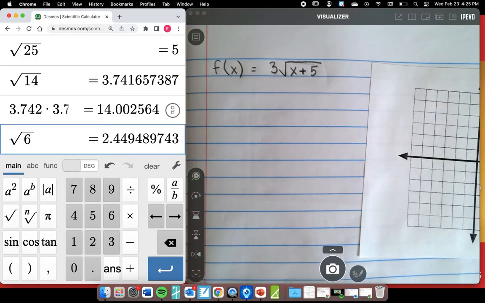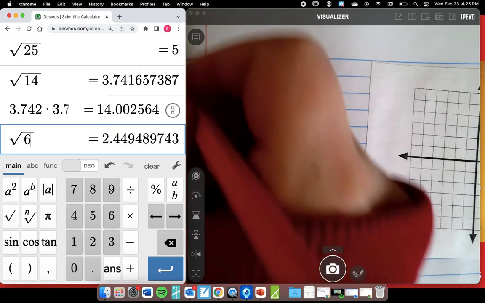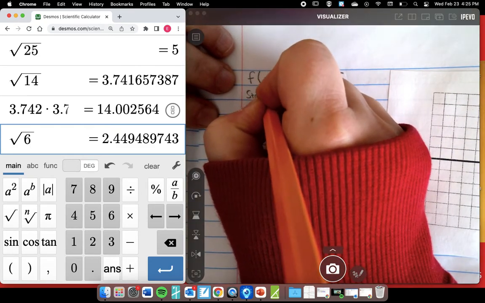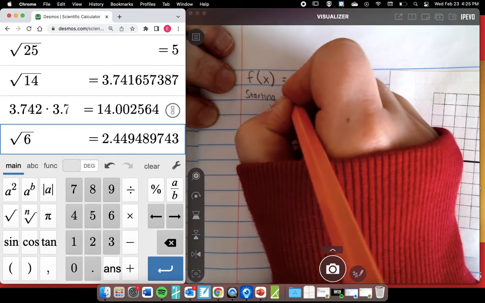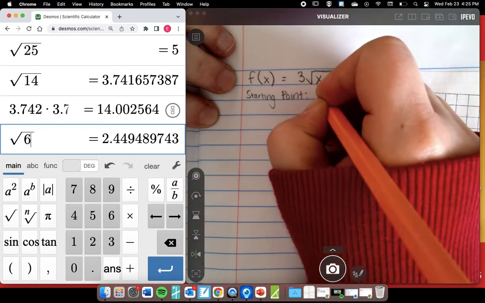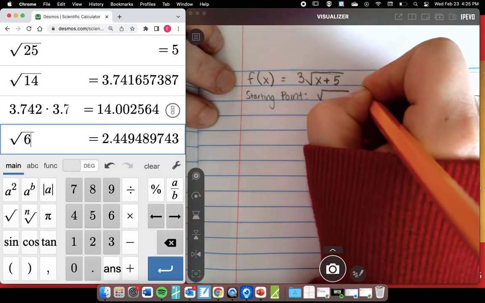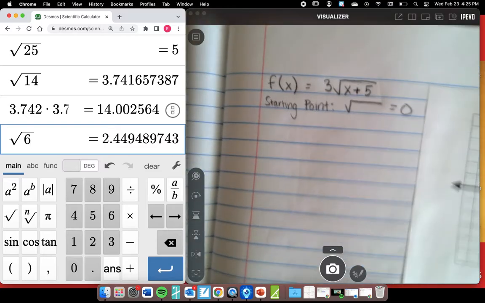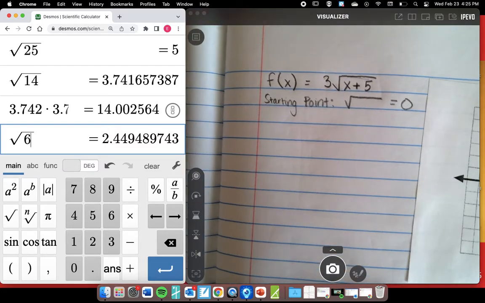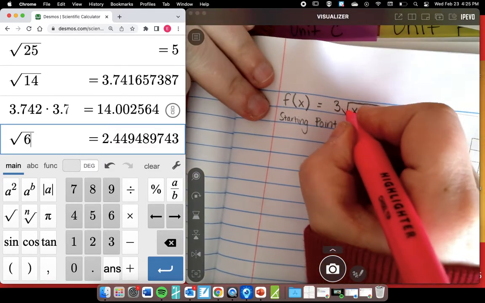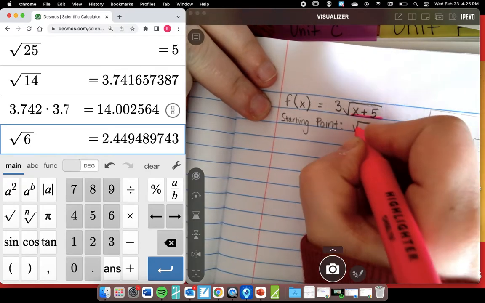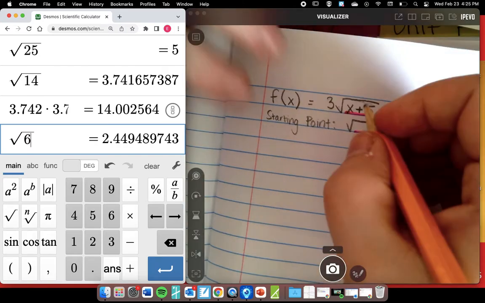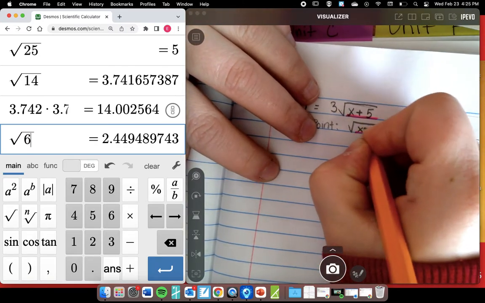Okay, before we make our table, the first thing we're going to do is find our starting point. And our starting point is where the square root equals 0. So I'm going to think, what's in the square root? And in the square root we have x plus 5. Some of you might be able to do this in your head.